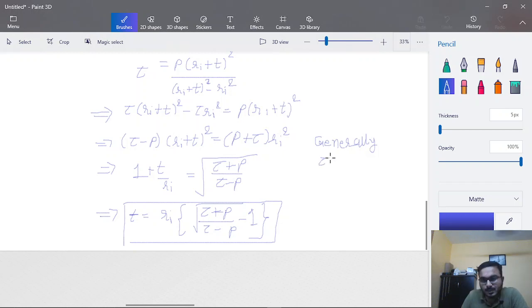Now generally tau is equal to sigma T divided by 2. So we can modify this equation as T is equal to Ri sigma T. I think have we made any mistake here? Let me see.